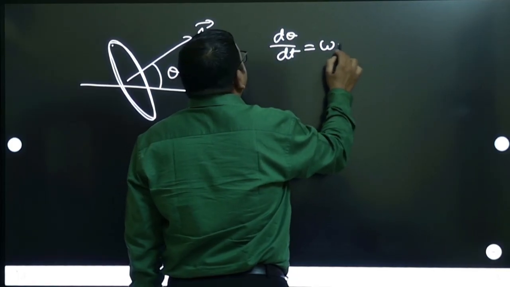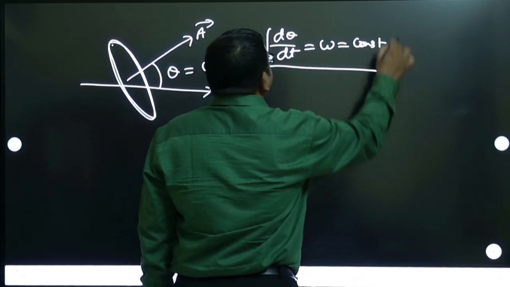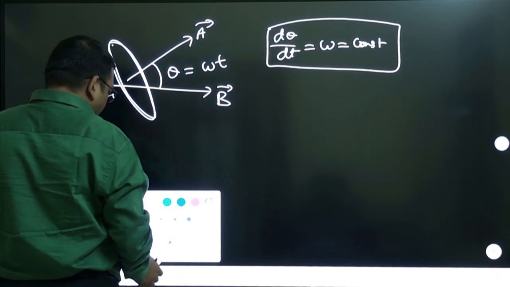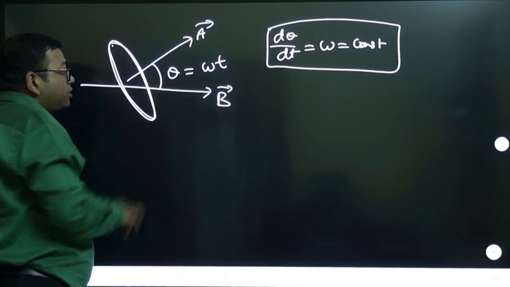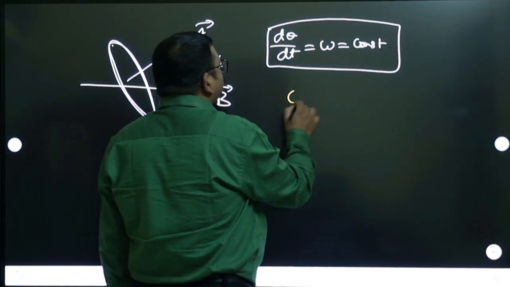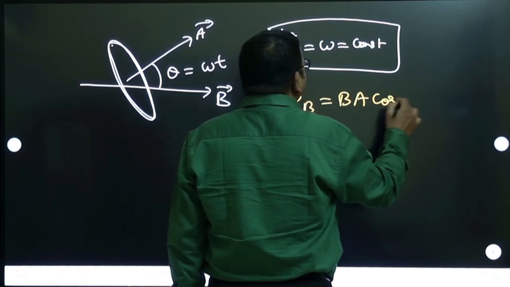Let us say it is a constant angular velocity at which you are rotating it. Initially this coil was like this, vertical, so the angle was 0. Okay, so how do you calculate now? Flux, magnetic flux, is BA cos theta.